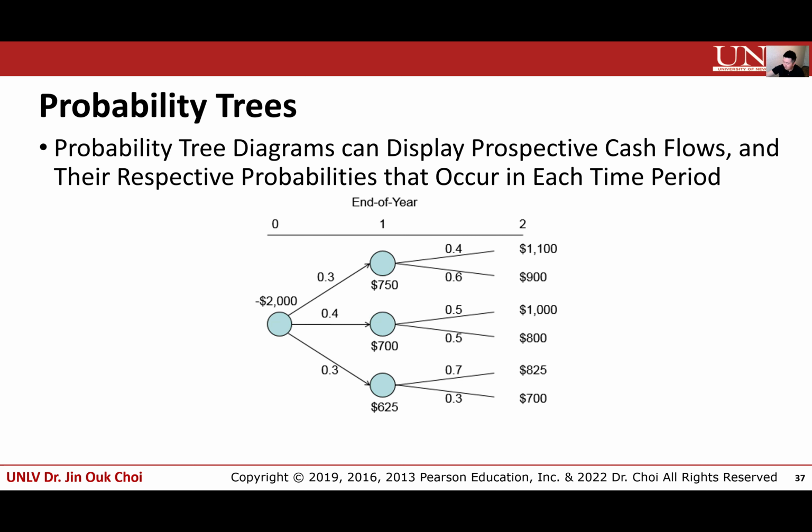In the extension of the probability problem, we can also have these probability tree diagrams, which can display prospective cash flows and their respective probabilities that occur in each time period.